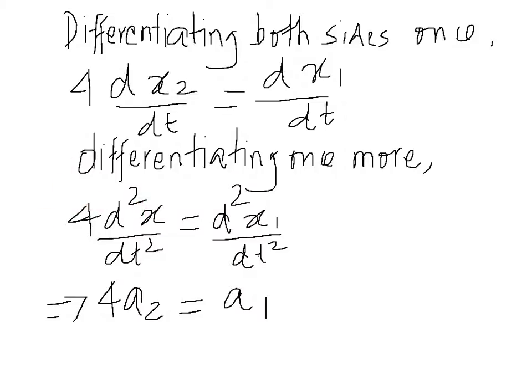(I'm sorry, this should be 2 over here, so I'll write that.) And you know that this term is nothing but a2, this term is nothing but a1, and that gives us the relationship that we're looking for to solve the problem. Let me know if that works or if there's any confusion.